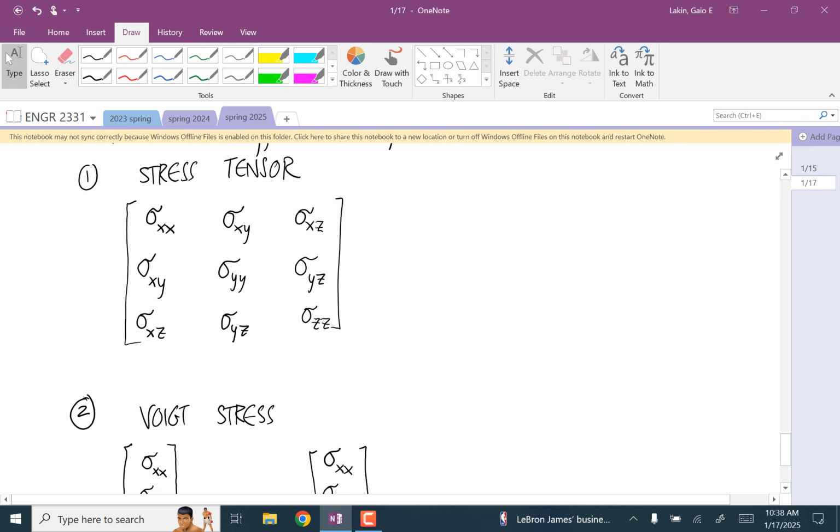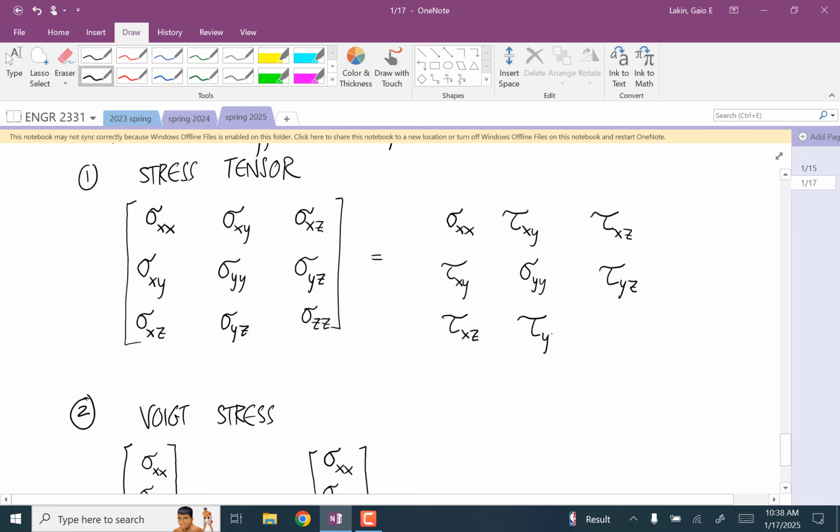And go back to the stress tensor, and you can write that sigma xx, tau xy, tau xz, tau xy, sigma yy, tau yz, tau xz, tau yz, sigma zz.